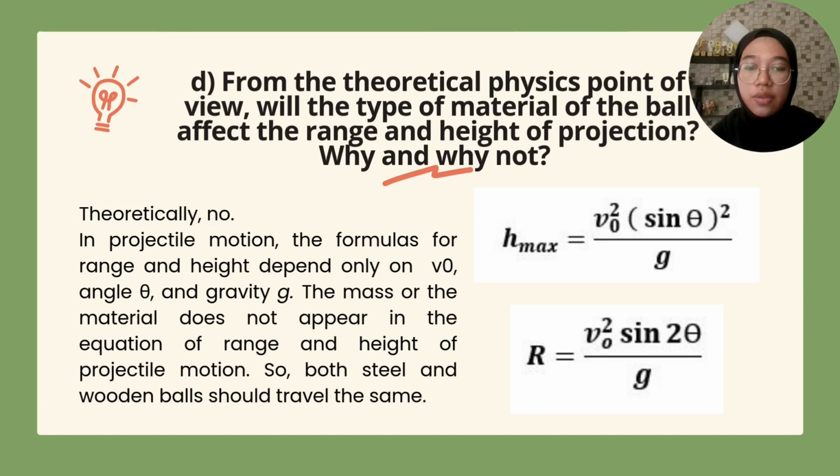As you can see from the right side, the formula to calculate the maximum height is v naught squared sin squared theta over g, and the range is v naught squared sin 2 theta over g. In both of these formulas, the mass or the material does not appear in the equation. Therefore, both steel and wooden balls should travel in the same motion.